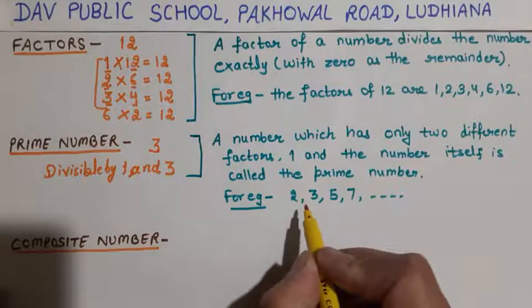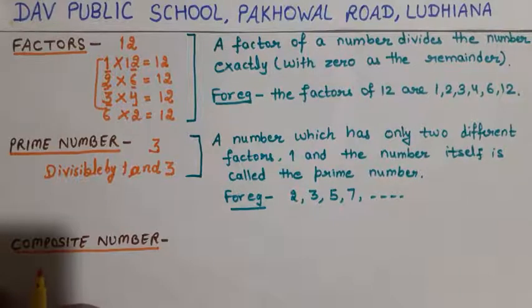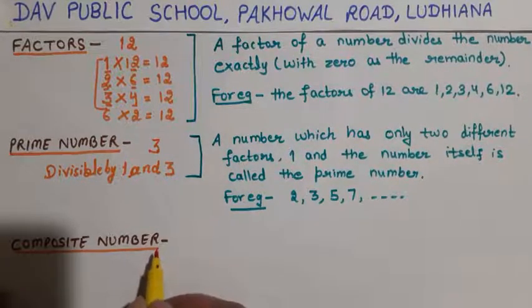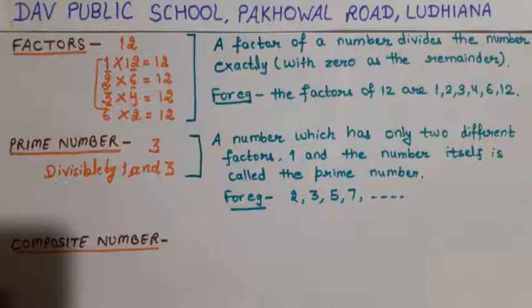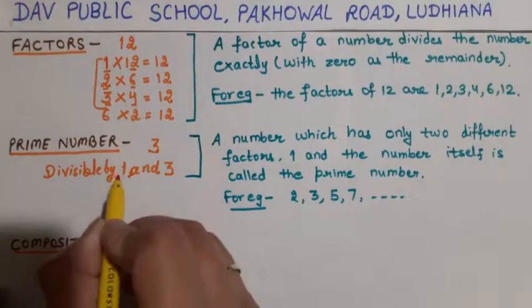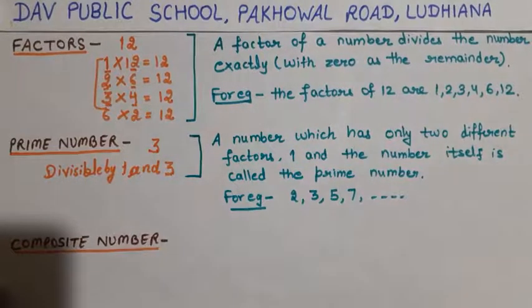Now move on to the definition of composite number. Understand it with an example. Composite numbers are those numbers which are divisible by more than two numbers, or which have more than two factors other than 1 and the number itself.